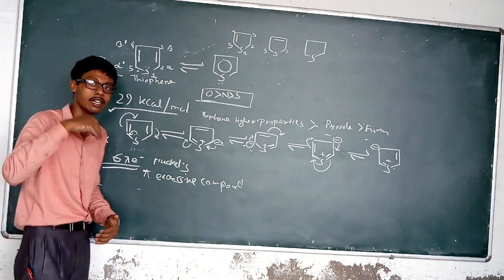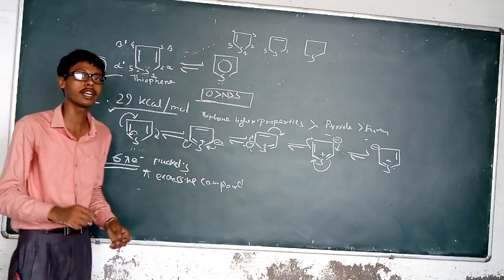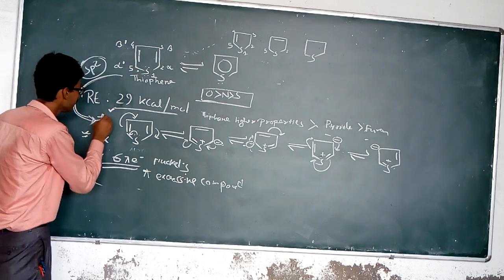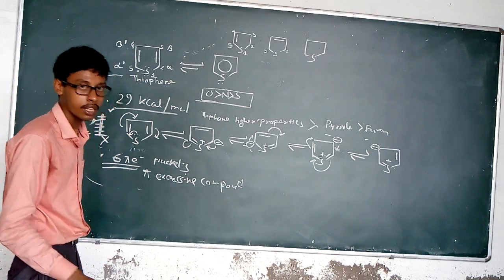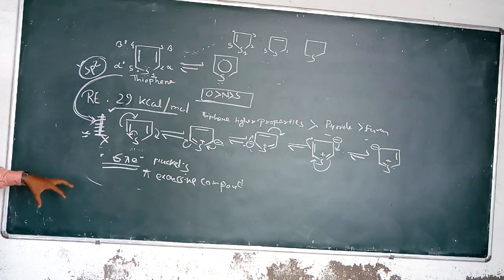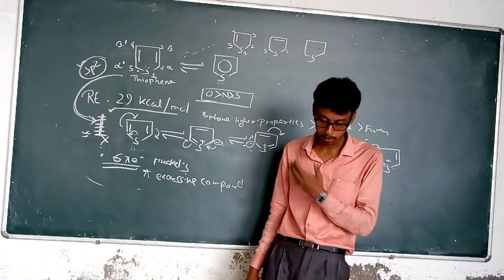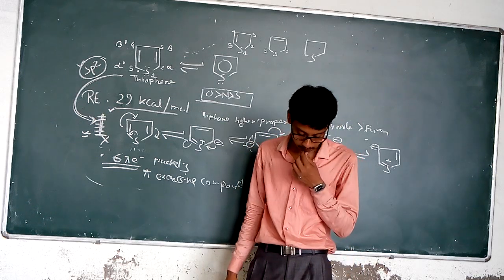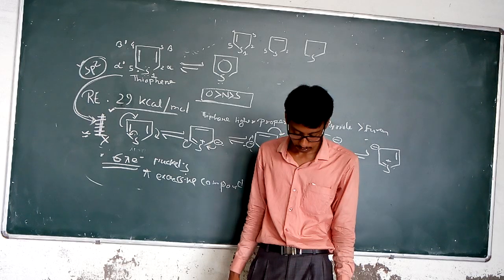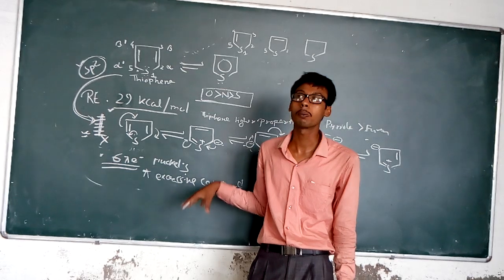Its lone pair is easily available in the ring system, so resonance occurs and delocalization of the electrons occurs, and that's why it shows higher aromatic properties than the other two heterocyclic compounds, furan and pyrrole. So this is the reason behind the aromaticity of thiophene.